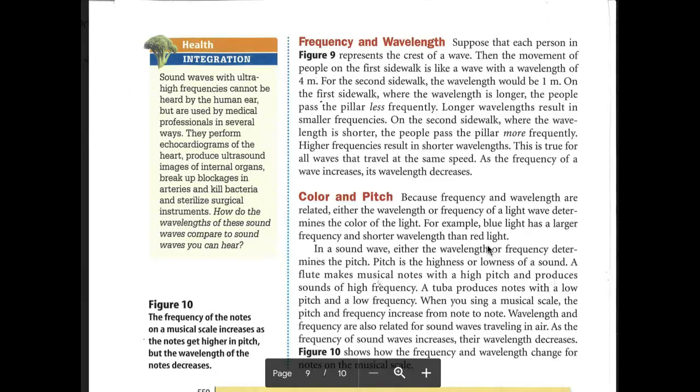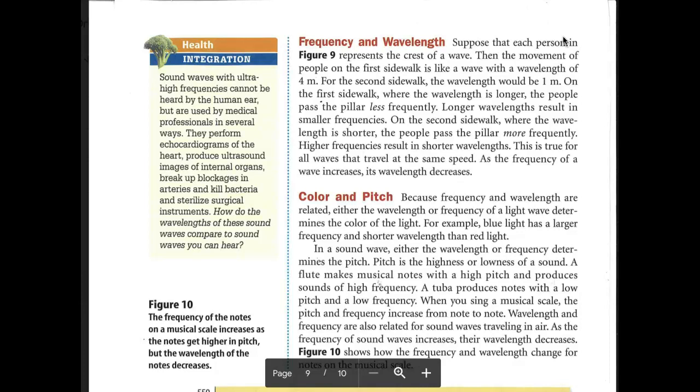Frequency and wavelength. Suppose each person represents the crest of a wave. The movement of people on the sidewalk is like the wave with a wavelength of 4 meters. For the second one, it would be 1 meter. On the first sidewalk, where the wavelength is longer, the people pass less frequently.